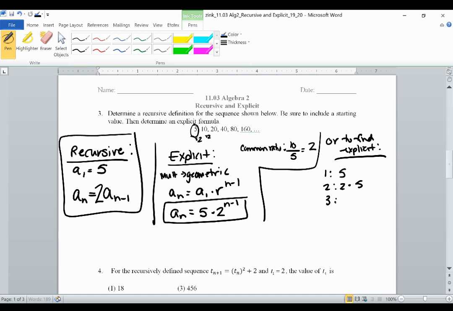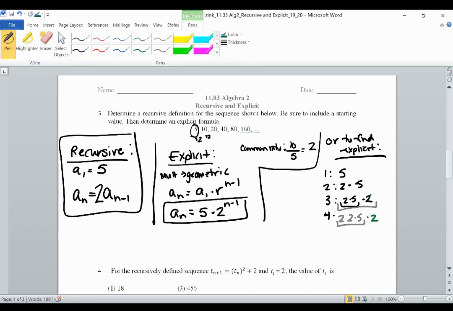The third term, we're going to do 2 times 5, which was 10, and multiply that by another 2. The fourth term, we're going to take this whole thing here, so 2 times 2 times 5, and multiply it by another 2.